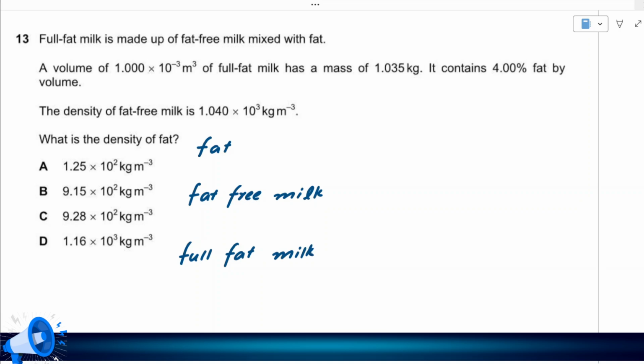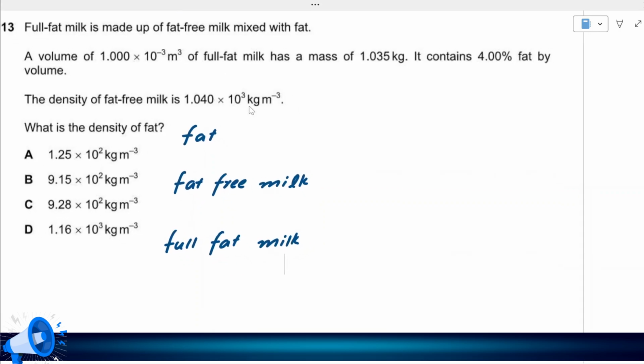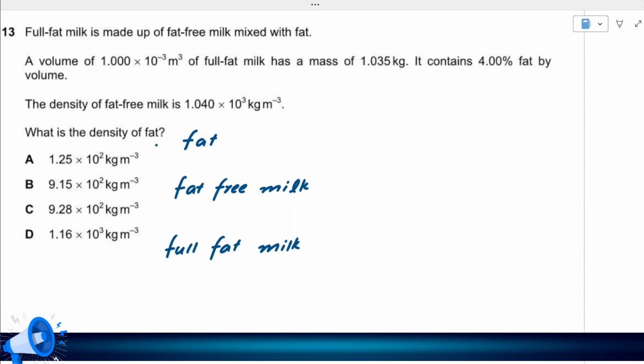Right, so this is the question that we have. So we have two ingredients. If we combine these two, then we get this thing.